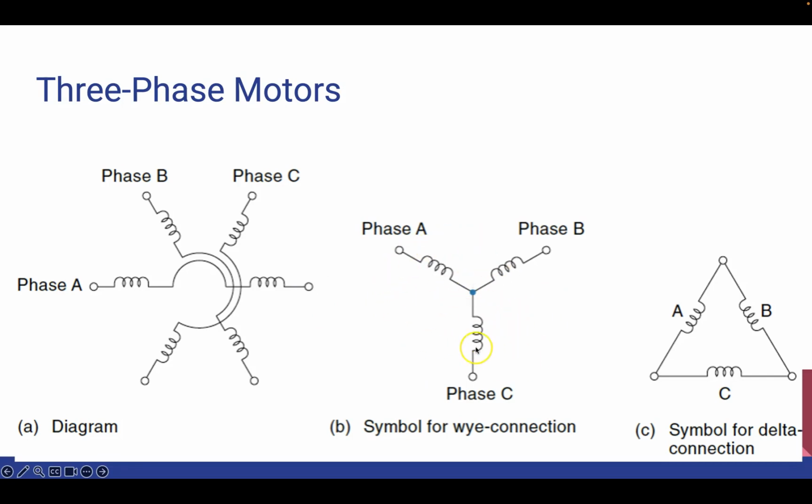And the rotor in the squirrel cage type induction motor, which we discussed earlier, is so simple that it self starts, and we just apply the power and it starts.